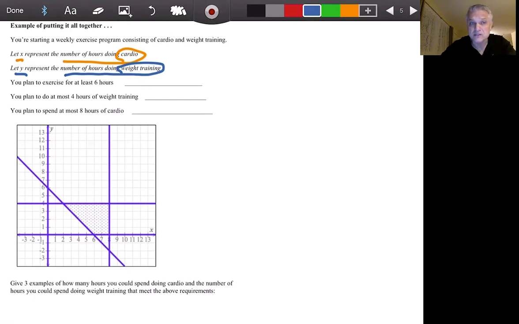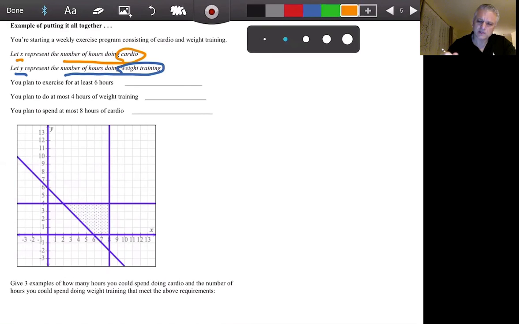They are defined. So X is cardio, Y is weight training. Now that we've defined our variables, we figure out how we are going to set up all of the constraints, the things that we need to do, the things that we can't do more of. And this is very real life right here.